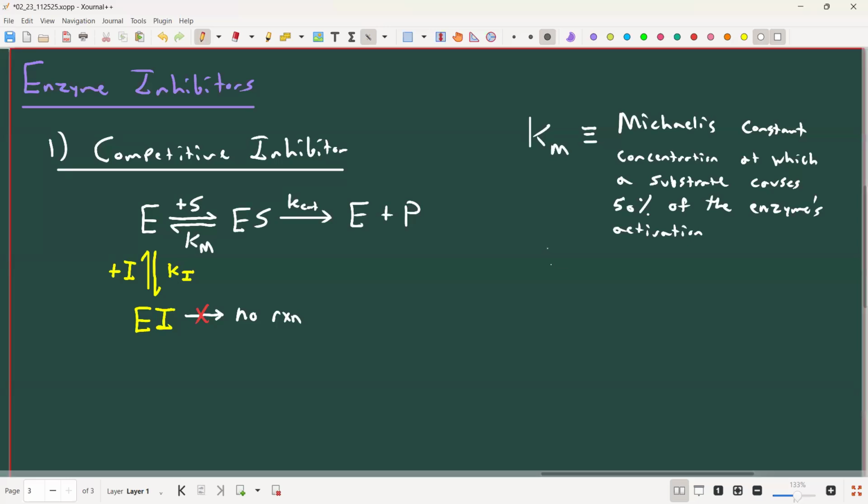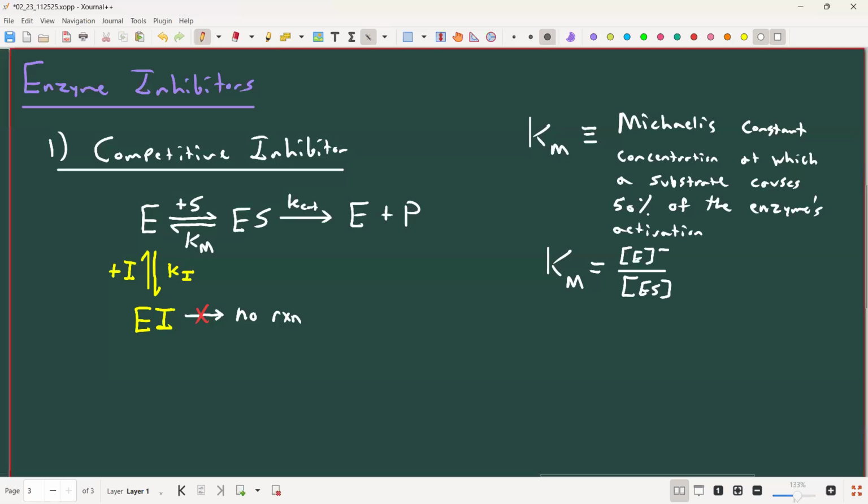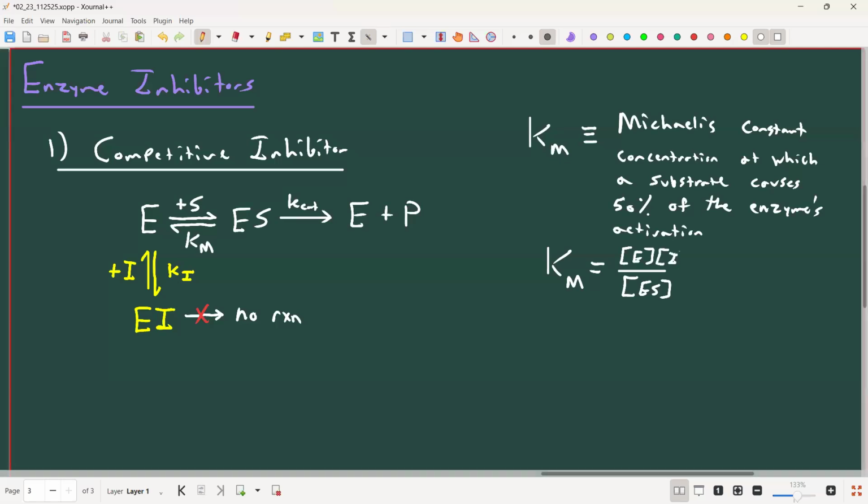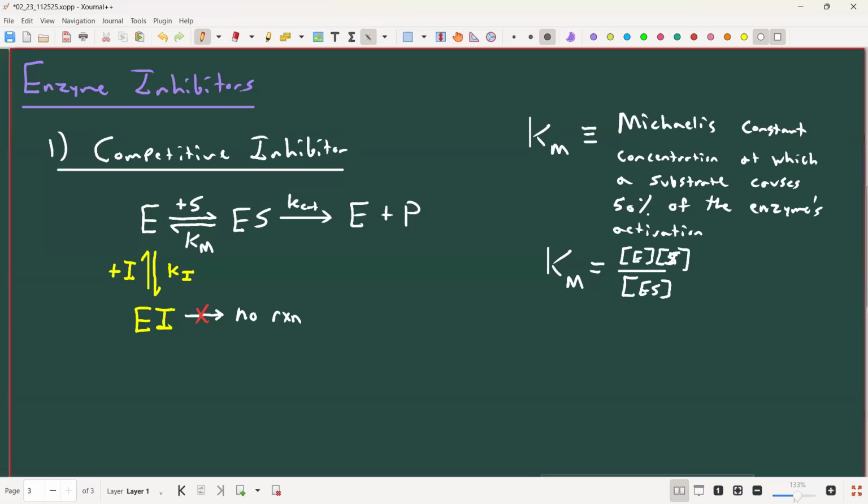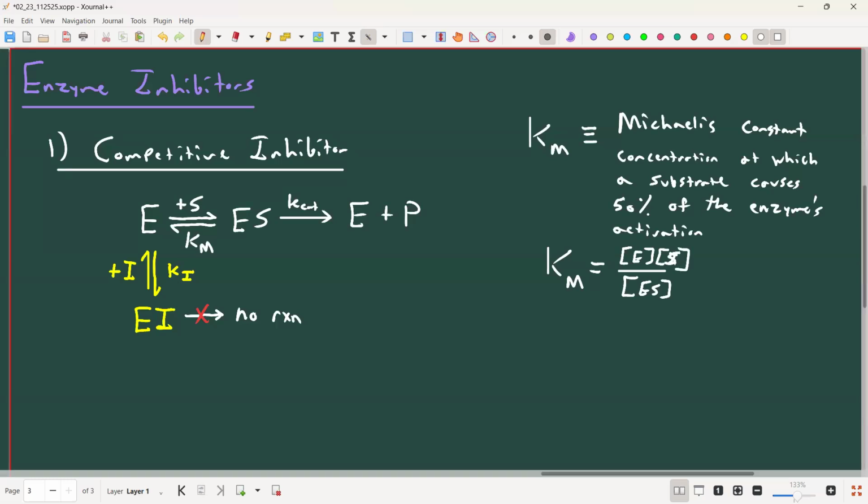So what Km is here is going to be equal to the concentration of the complex divided by the concentration of S. The smaller this is, the less substrate we have to put in to turn it on.